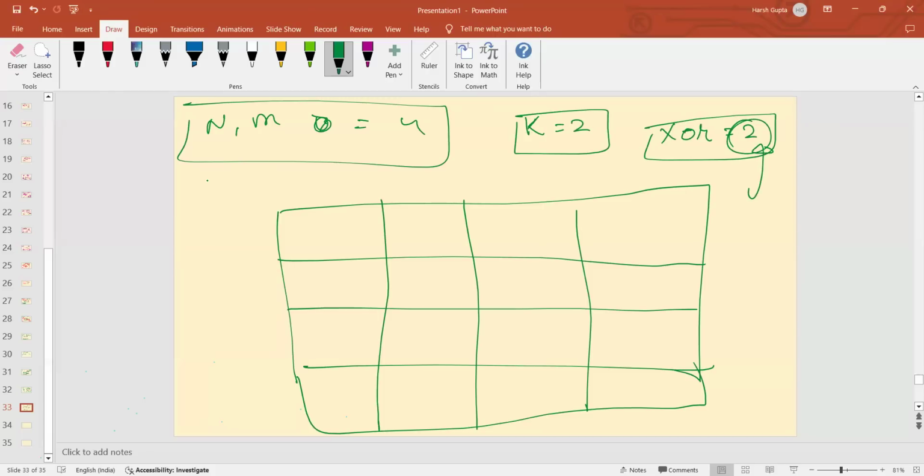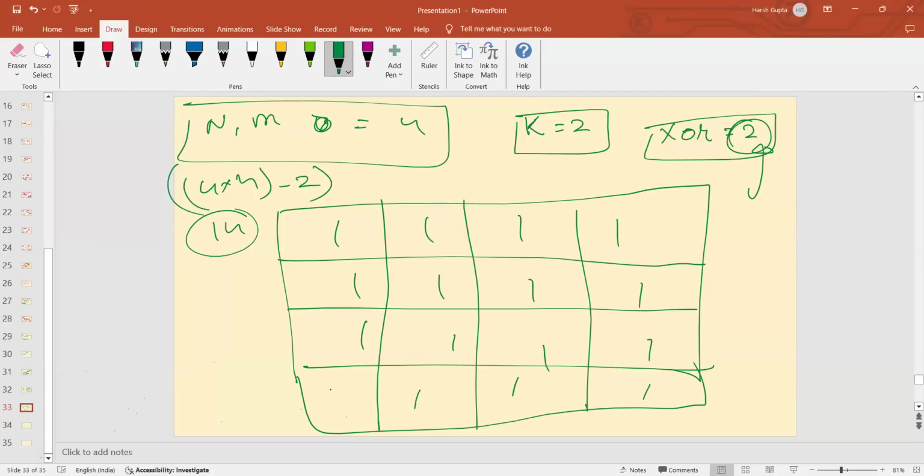Again, if I am filling 4 times 4 minus 2 ones, that is 14 ones, then all the gray cells are filled with 1, and I need to remove 2 ones. So whatever 2 ones I remove, my ugliness value will again come out to be 2. It's not possible to minimize it.